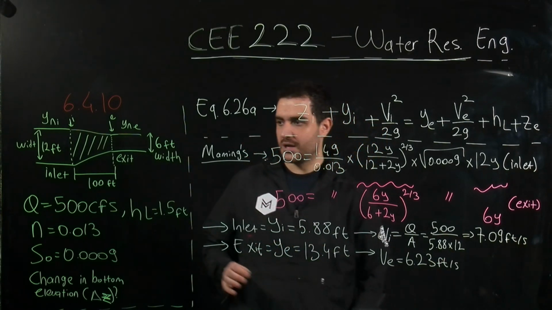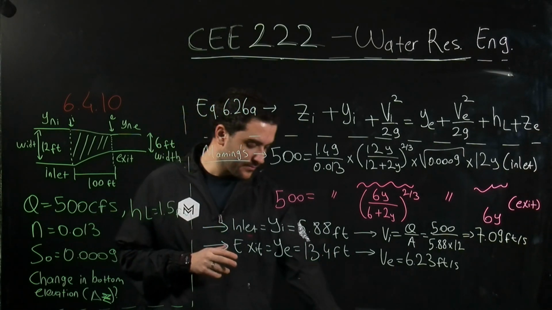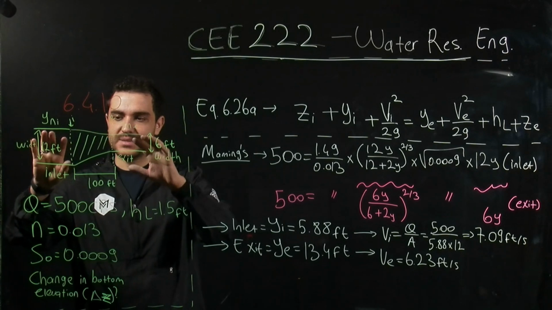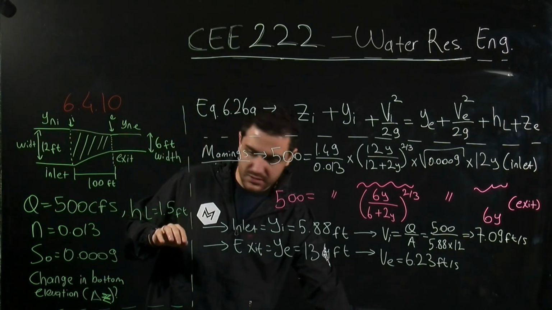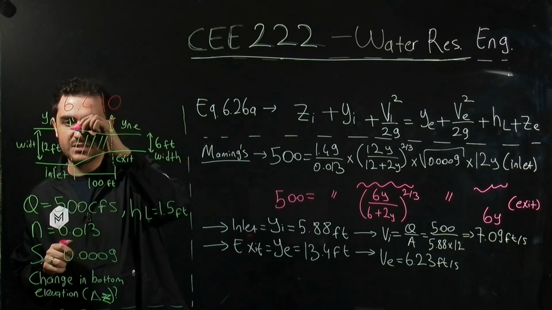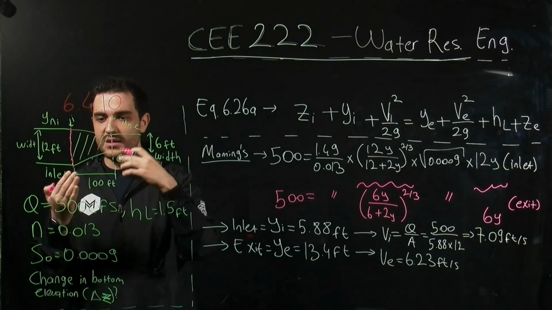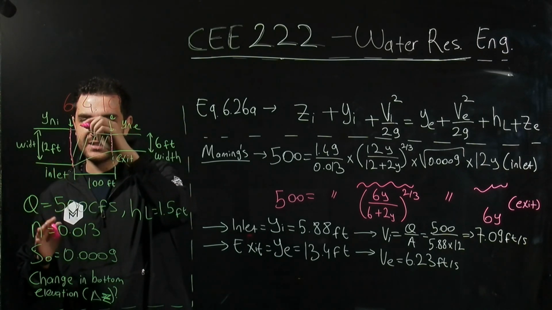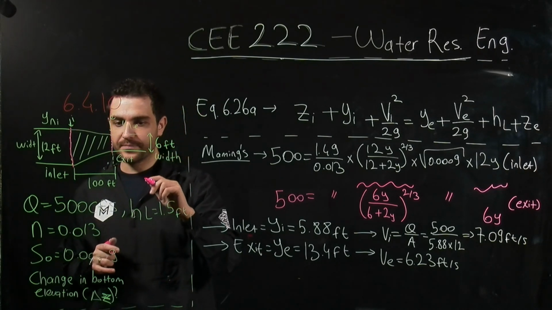Let's talk about why we calculated these depths and velocities. Even though these are specific to these channels, since we will have the same condition at this point and at this point, we can use these values as the inlet of the transition channel and as the exit of this transition channel.